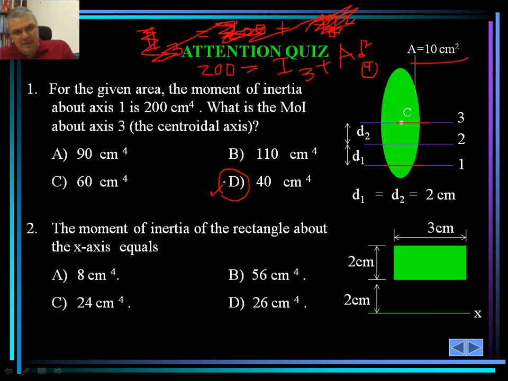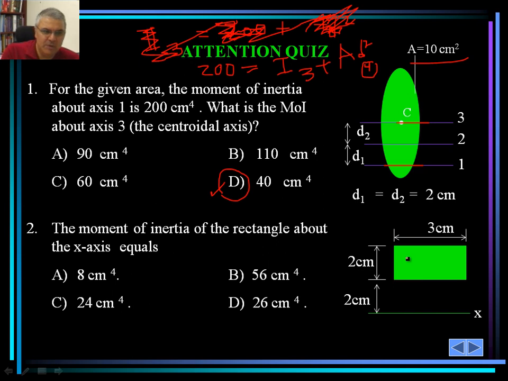The second attention quiz is: the moment of inertia of the rectangle about the x-axis equals what? A is 8 unit, B is 56 unit, C is 24, and D is 26. Again, this is about the x-axis, so we're going to use the parallel axis theorem.